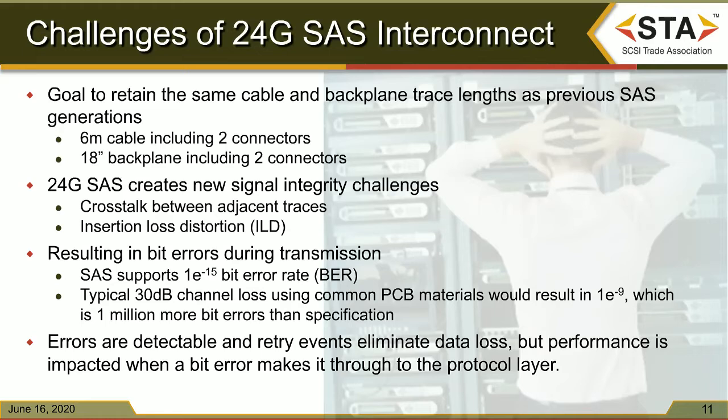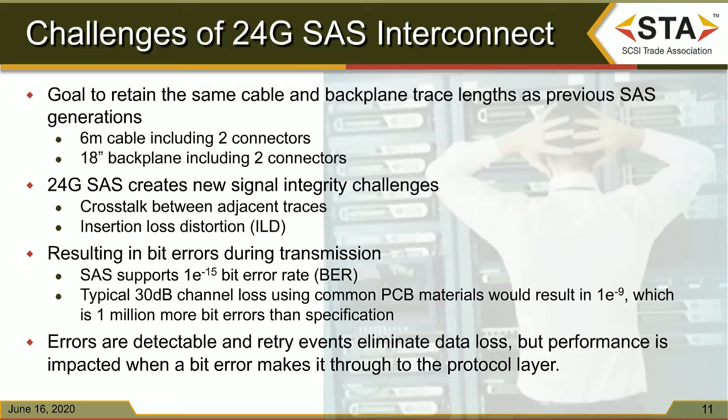I want to have a backplane in a rack so that I can support a lot of disk drives within one chassis. So at 24 gig, I still need to support those, and that's quite challenging at these bit rates. The primary challenge is signal integrity, electrical signal integrity.